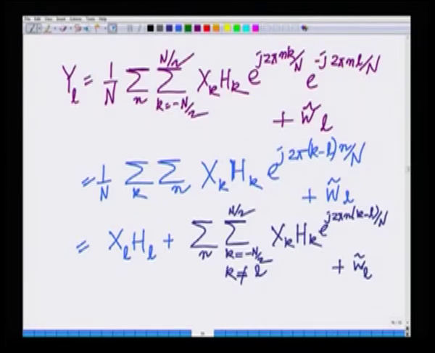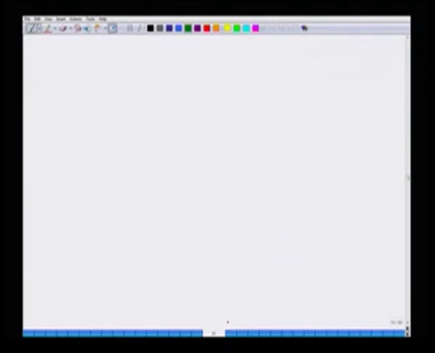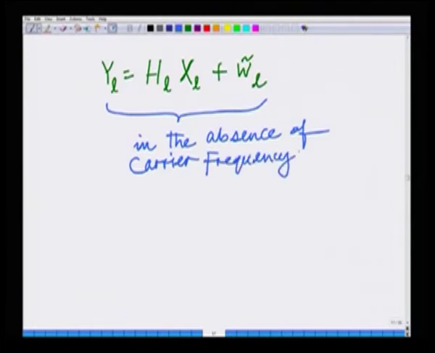Hence, in the absence of carrier frequency offset, we have Y_L equals H_L times X_L plus W̃_L. This is in fact the original OFDM system.